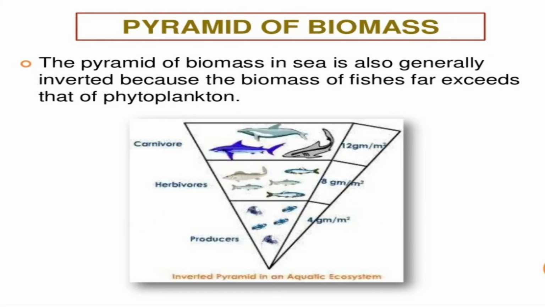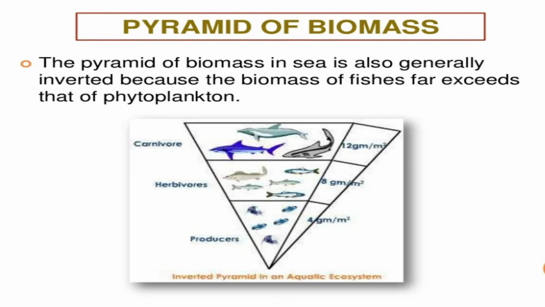So this is the diagram of the pyramid of biomass. A pyramid of biomass includes the biomass, the total weight of organic matter of each trophic level, instead of the number of species as in the pyramid of numbers.